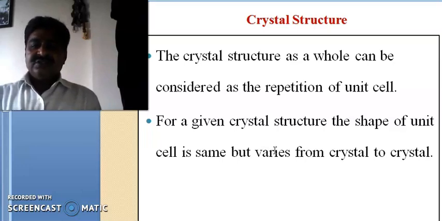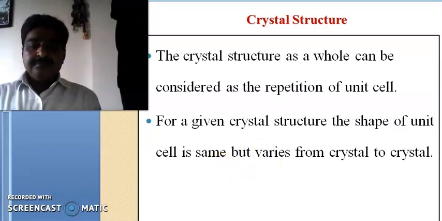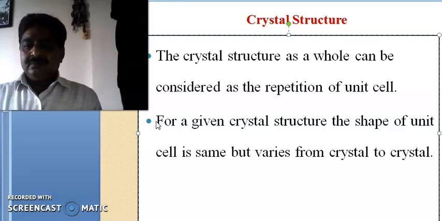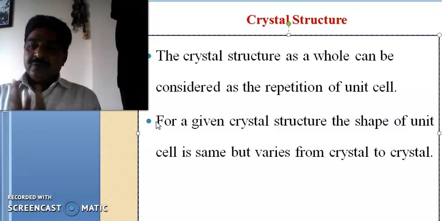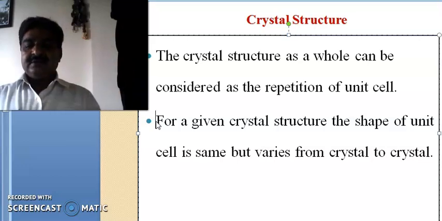But in every crystal, the shape of the unit cell is the same. So whenever you think about the shape of the unit cell in each crystal, remember that the shape of the unit cell is fixed, and it varies from one crystal to another crystal.